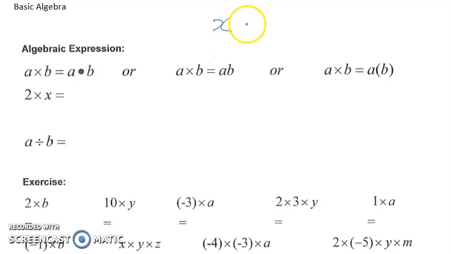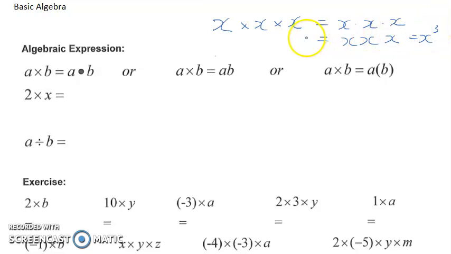In the past we had x times x times x, and because people got confused between the multiplication sign and the x, we came up with x times a dot. Later they thought it doesn't matter, we can just write x, which is actually x cubed. That is probably one of the reasons we don't use the multiplication sign.